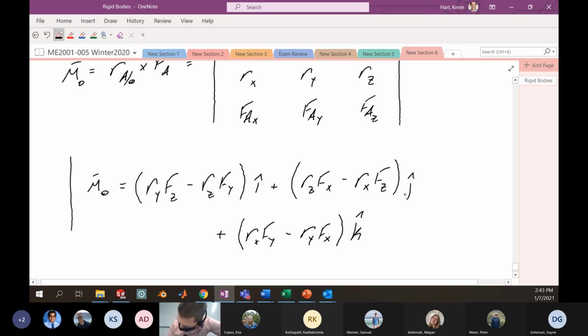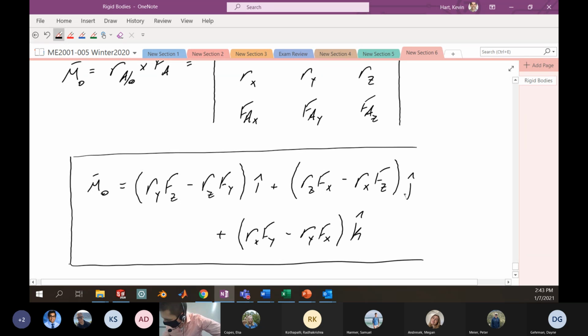And this would be the most general expansion of the moment equation in rectangular coordinates. Okay. You are now armed to do problem number 1 for sure, and probably problem number 2.